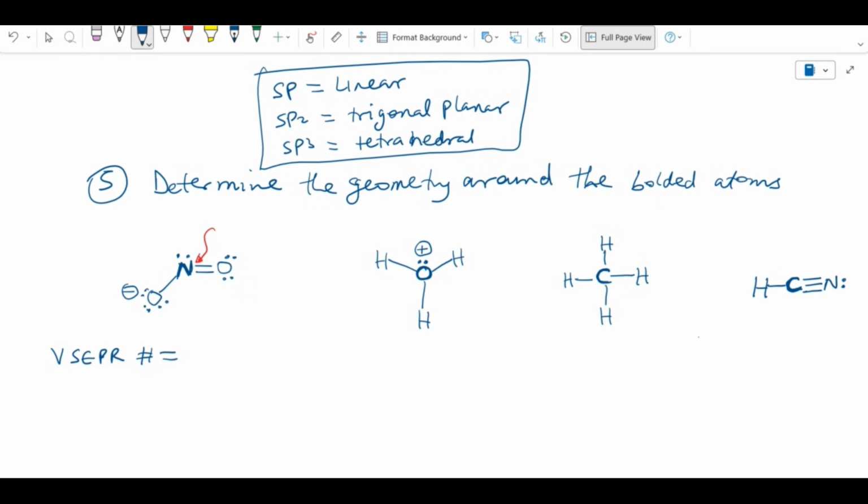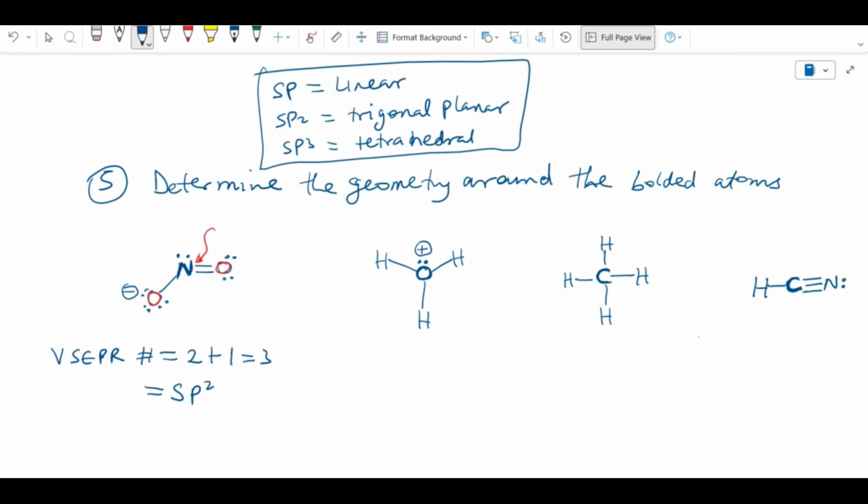We have 2 atoms attached to that nitrogen, plus 1 lone pair on the nitrogen, which is 3. So if the steric number is 3, that means the hybridization is sp2.